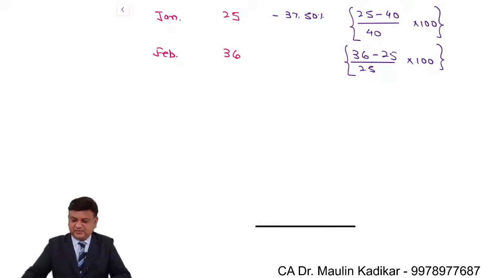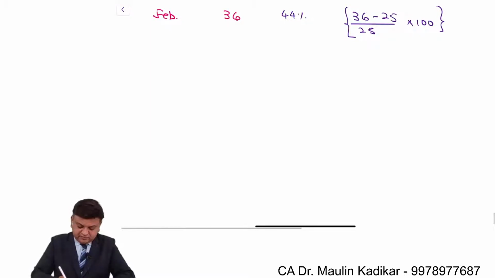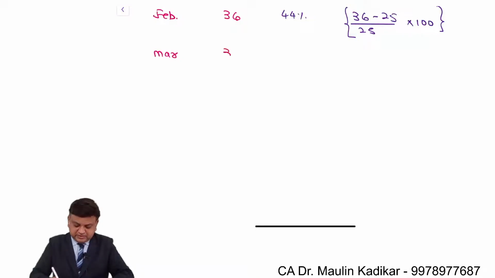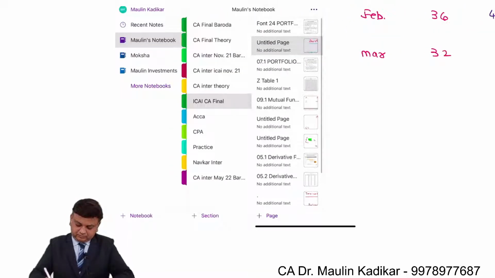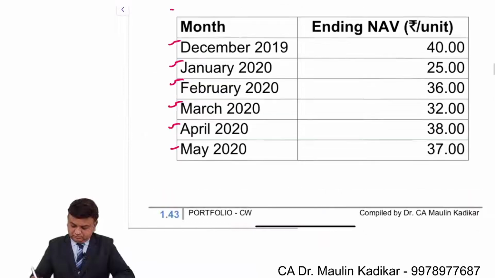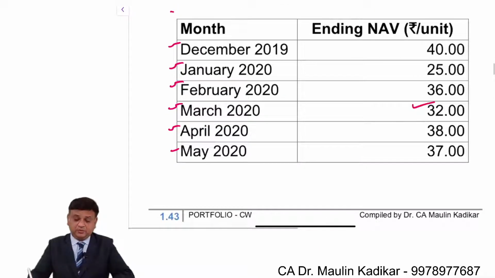So 36 minus 25 is 11 divided by 25 into 100, it comes to 44%. Then the month of March. The NAV is 32 rupees.